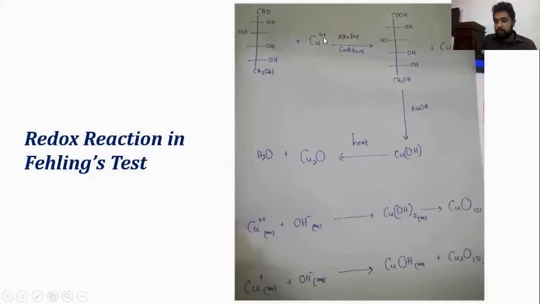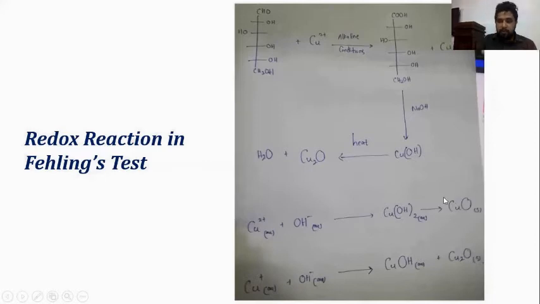When Cu2+ is there without that complex, this reaction can happen, and if it happens in the solution, it will form a black precipitate, that is cupric oxide.